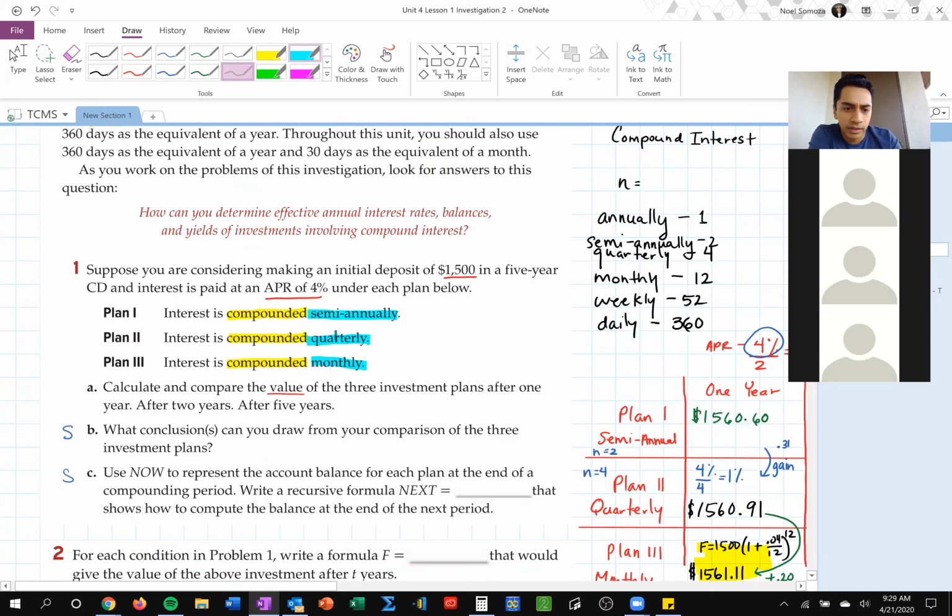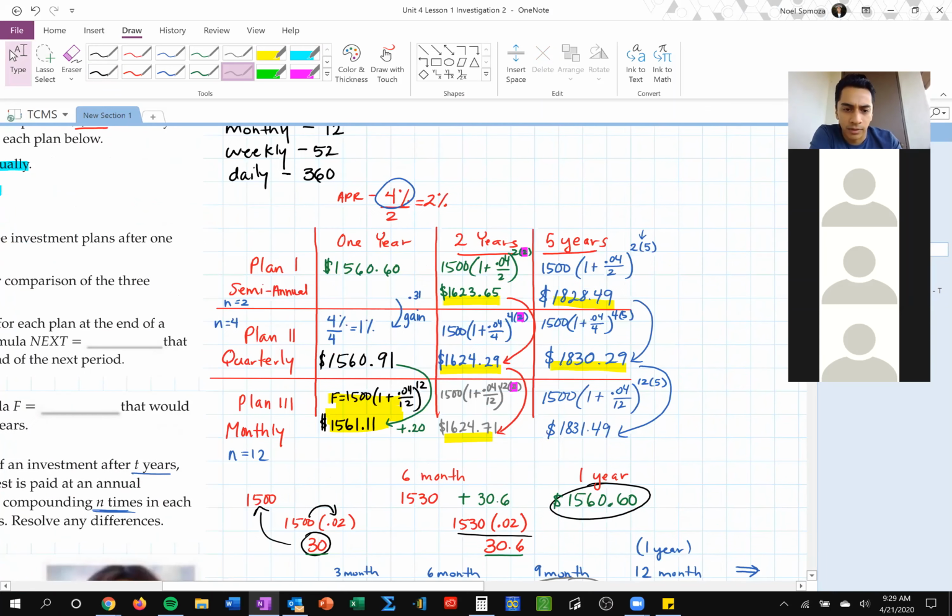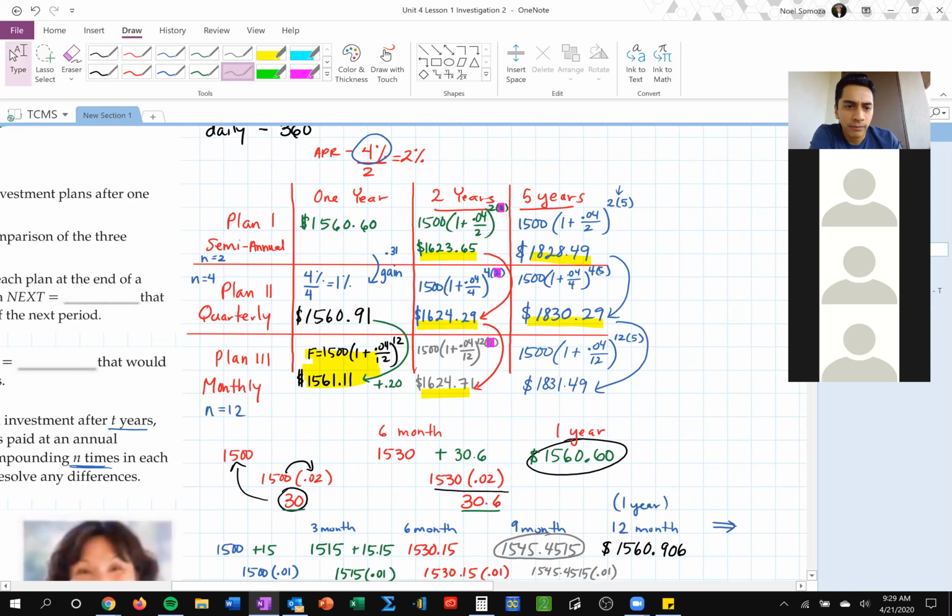And then here's basically what we determined. We took each one of those. If you look down this column, just the first column, don't even worry about year 2 and year 5, but just after 1 year, I want you to notice something. When we compounded semi-annually, we got 1560 with 60 cents. If you compounded it quarterly, this is the amount of money more that you would get by compounding quarterly, doing it 4 times a year versus just once.